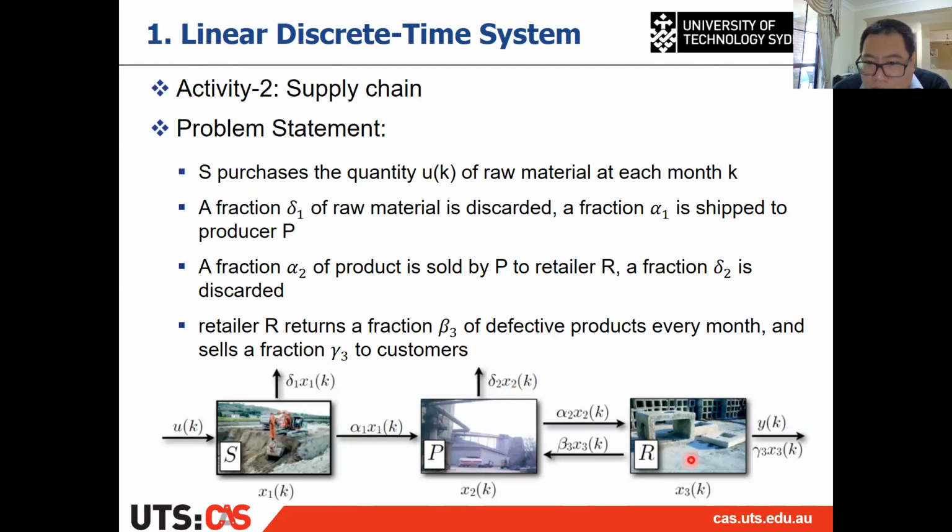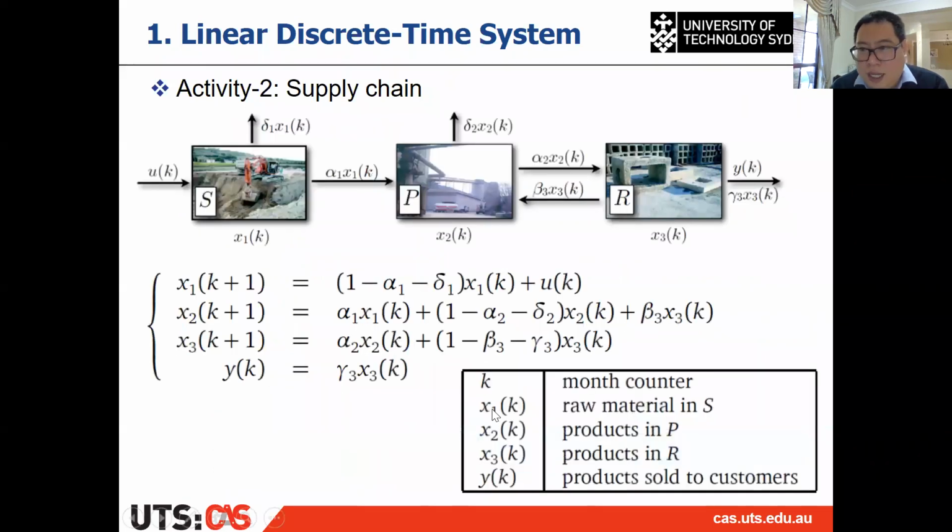And the retailer R returns a fraction beta 3 back to P every month, and it sells a fraction gamma 3 to the customer. And then I wrote all the notations and a figure already here at the bottom. And from this, you can definitely formulate the linear discrete time system. And this is what I did.